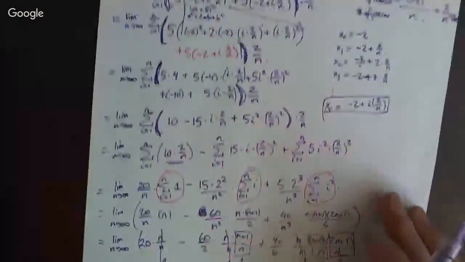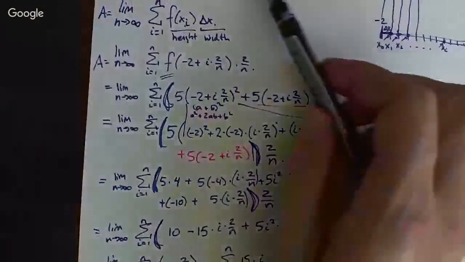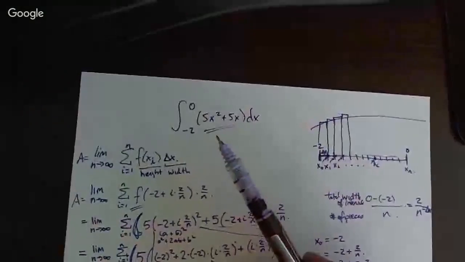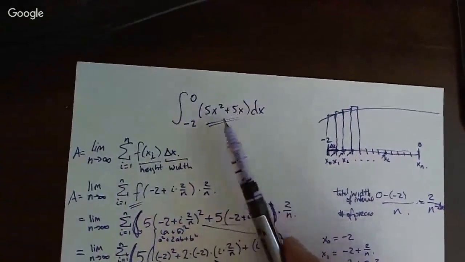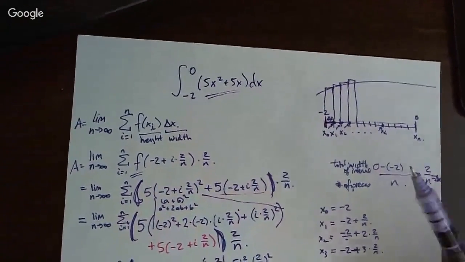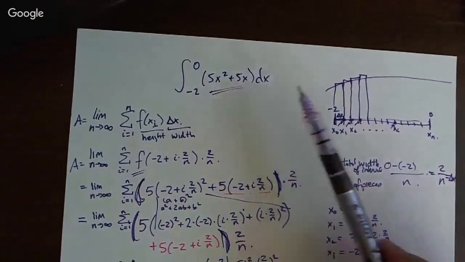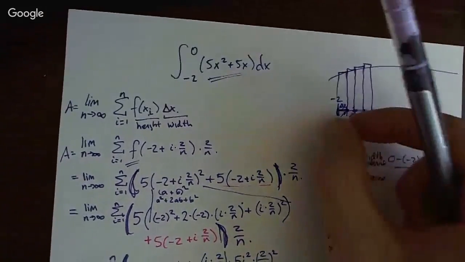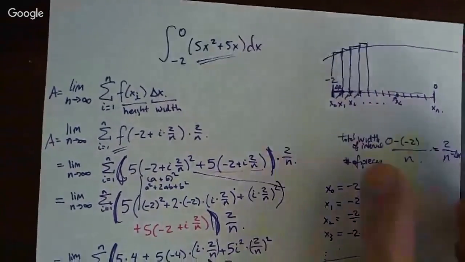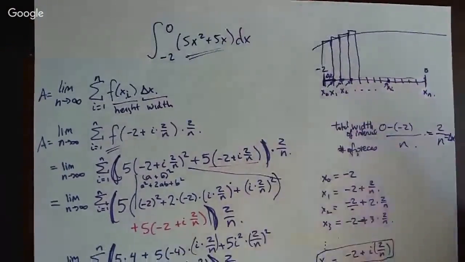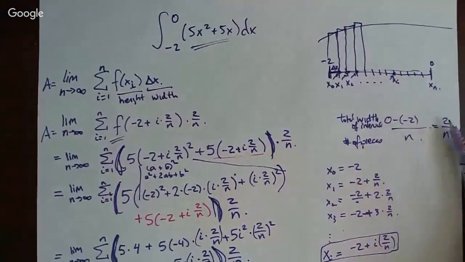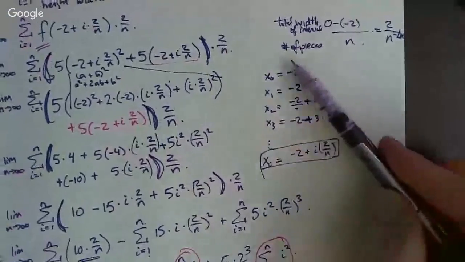Okay, so what did we do? We looked at this integral and we said that we want to write it as a limit of Riemann sums. We need to figure out what the delta x is. The delta x was the length of the interval, 0 minus negative 2 over n, so 2 over n, and that told us what the xi's are.